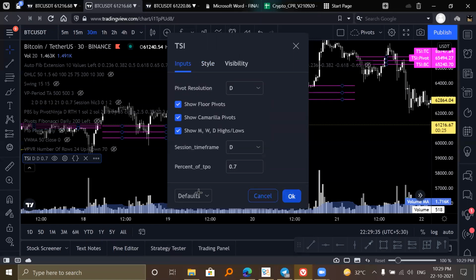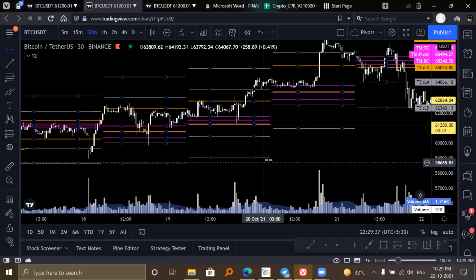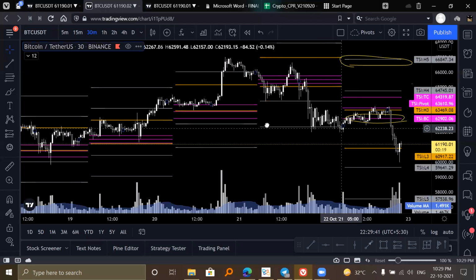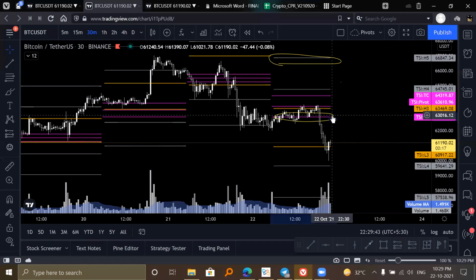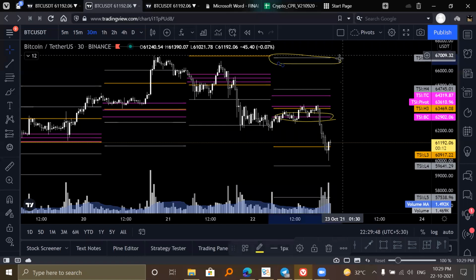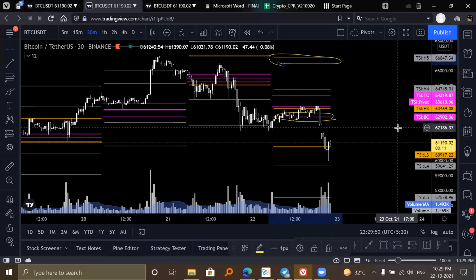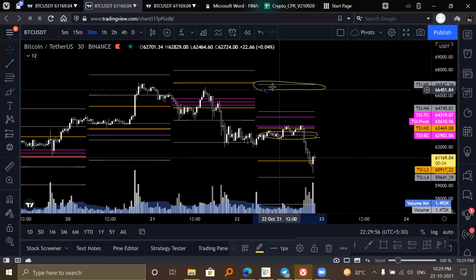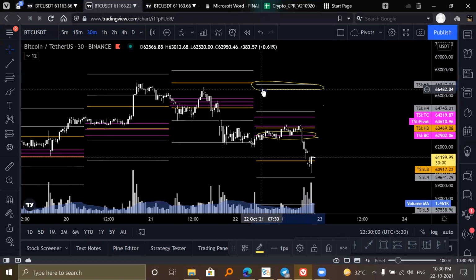You can use any pivots. Please don't get confused about which pivots I shall use. You can use all the pivots at once, but that will be too clumsy and look very noisy on the chart. So just do your own research and, depending upon your observation, select which pivots work best in the crypto market.